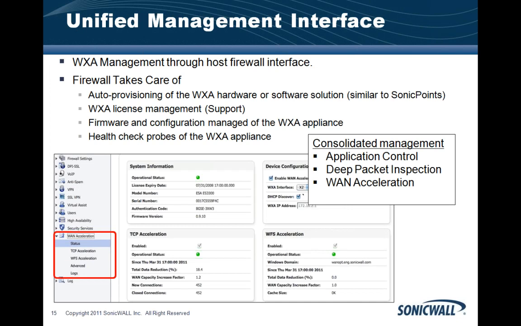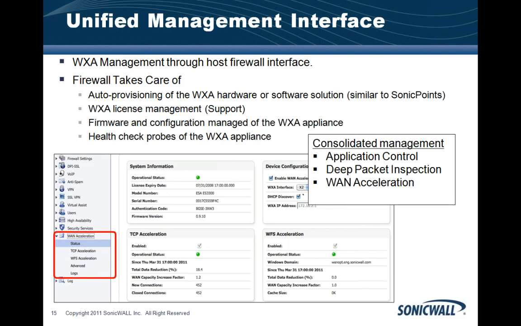The unique thing that we've provided, as I mentioned, is that, looking at the deployments that I've just talked about, the real advantage we have here is that we can actually attach the WXA directly to our next generation firewall. So as you navigate through the interface of our firewalls, you'll see there's a WAN acceleration tab that is populated as part of SonicOS 5.8.1. Once you attach one of the WXA appliances to the firewall, a lot of the configuration is done for you.